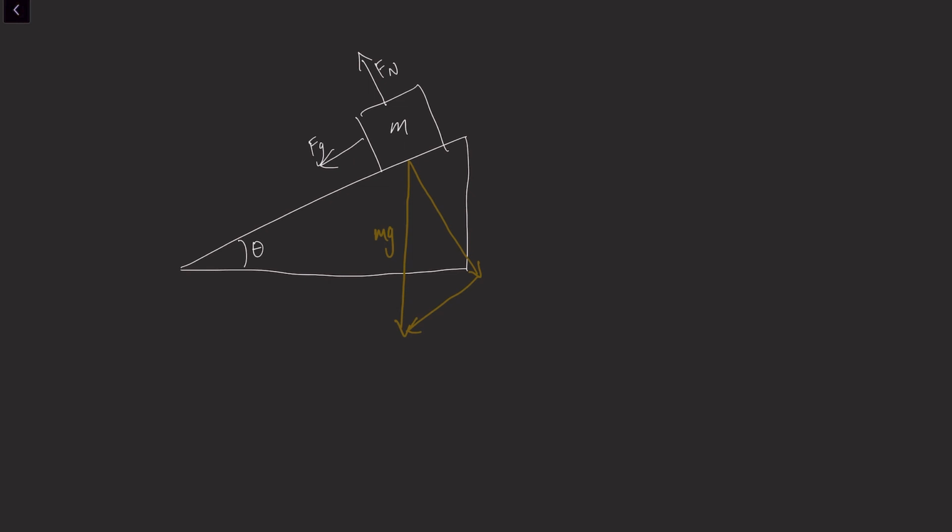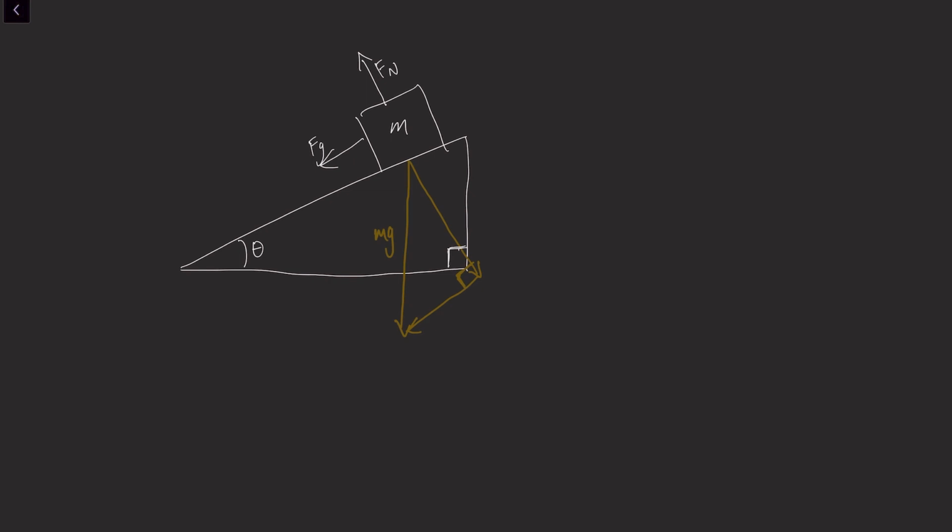So how do we relate this triangle that we've just drawn to the big triangle that we're looking at, which is the slope? I should have drawn this earlier, but this is a right angle triangle. And there's also another right angle in the triangle that we've just drawn.